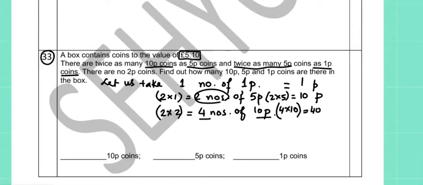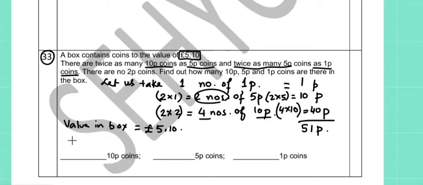So, which means that a total of 51 pence is being made. If there is 1 pence and 2 5 pence coins like that, 51 pence is made. But the total value we need is 510 pence, or 5 pounds and 10 pence.